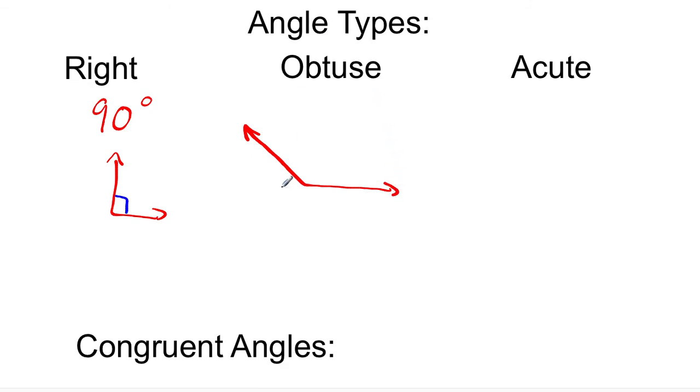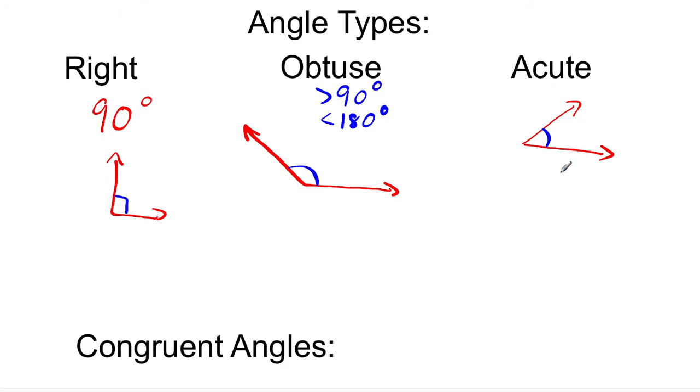An obtuse angle is going to be like this. And so an obtuse angle is going to be greater than 90 degrees but less than 180 degrees. That's something different. We don't need to worry about that. But an obtuse angle is going to be greater than 90 degrees. And acute, you may have heard this before, because it's a tiny angle, it's acute.